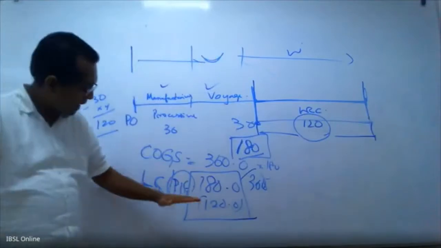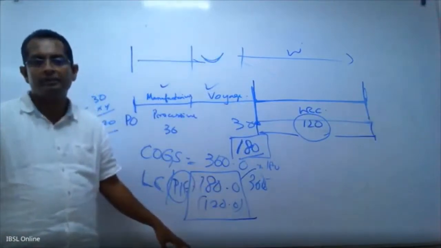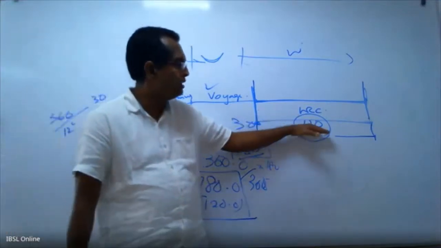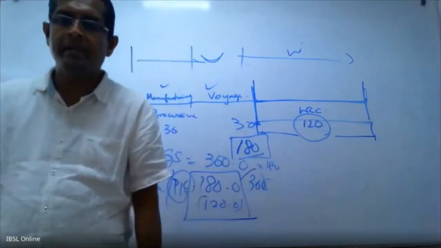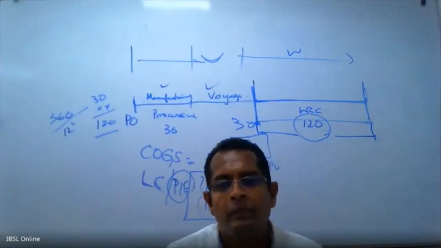But the actual money requirement is less than the LC requirement. That is worked out using the working capital period. Any questions?